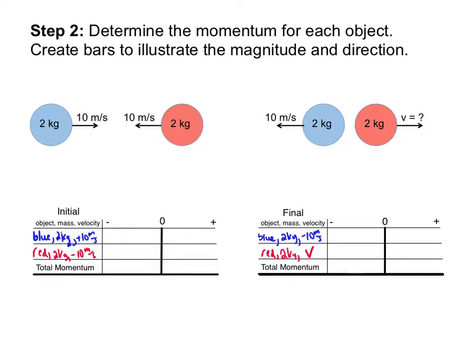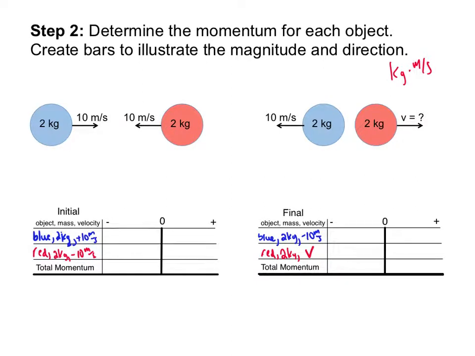Alright, so step 2 says we need to determine the momentum for each object. And we're going to create bars to illustrate the magnitude and direction for these momentums. Now, first up, momentum doesn't have a special unit, unlike energy where we had joules. Momentum just has units of kg times meters per second.